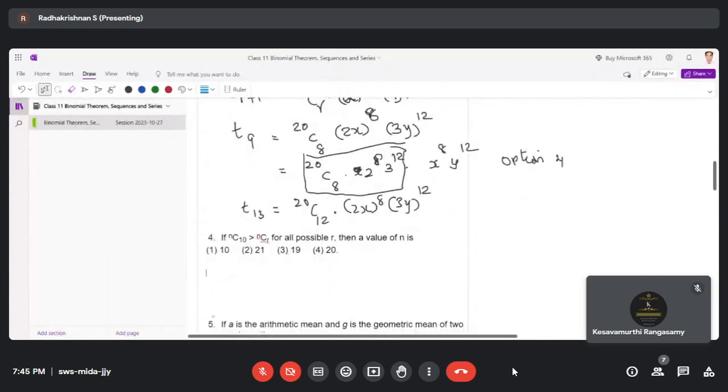See, in the expansion of nCr, if you see, like this, (a plus b) whole to the power of n equals a to the power of n and so on.